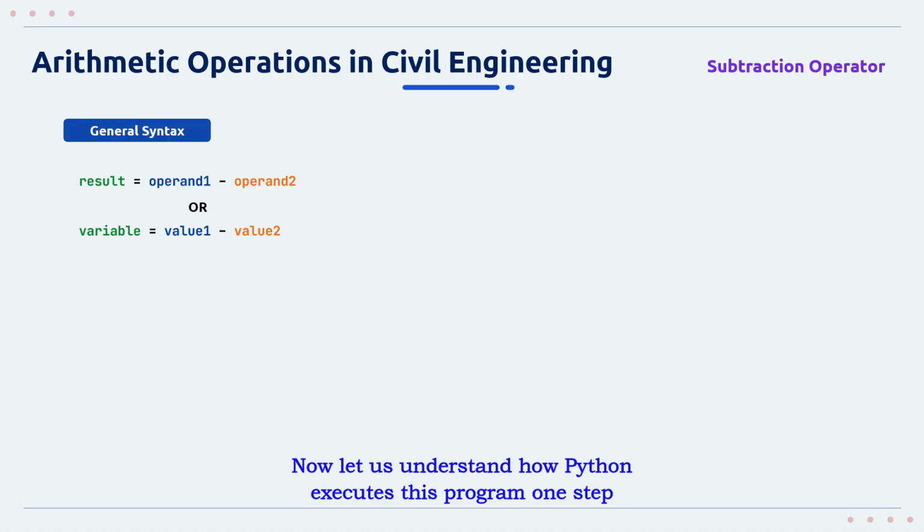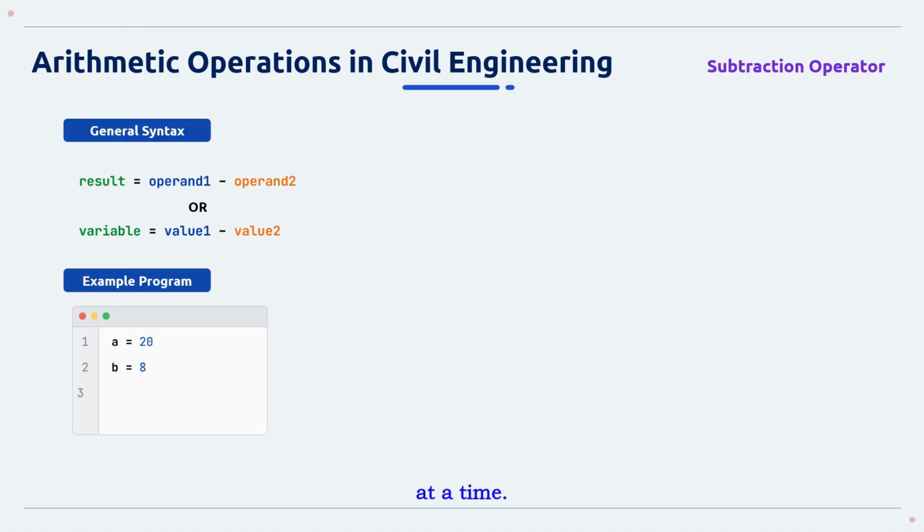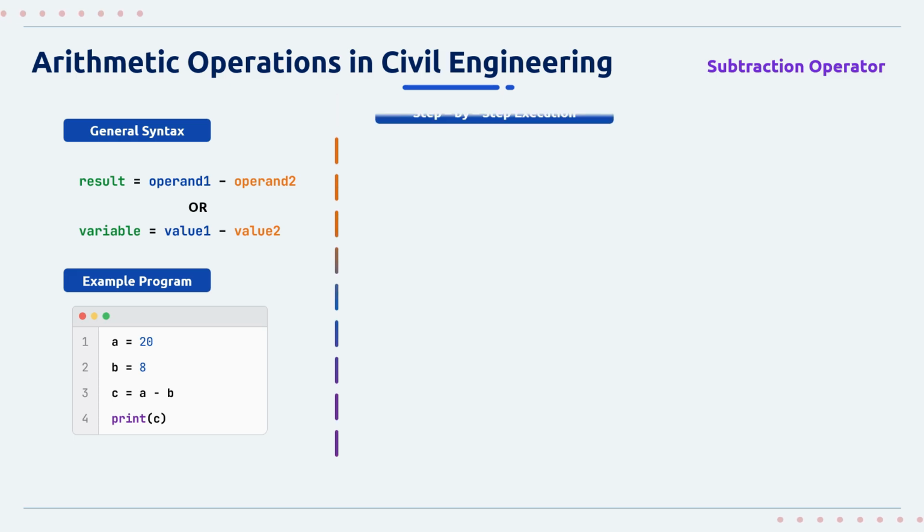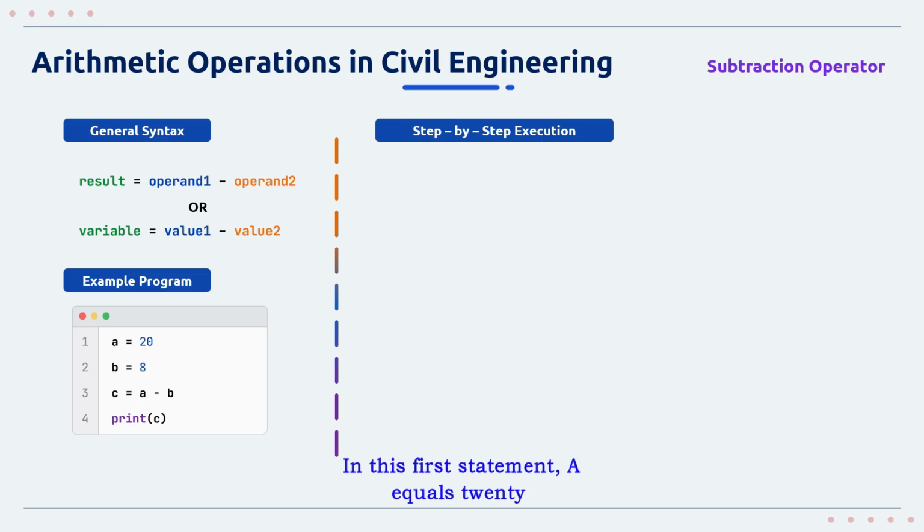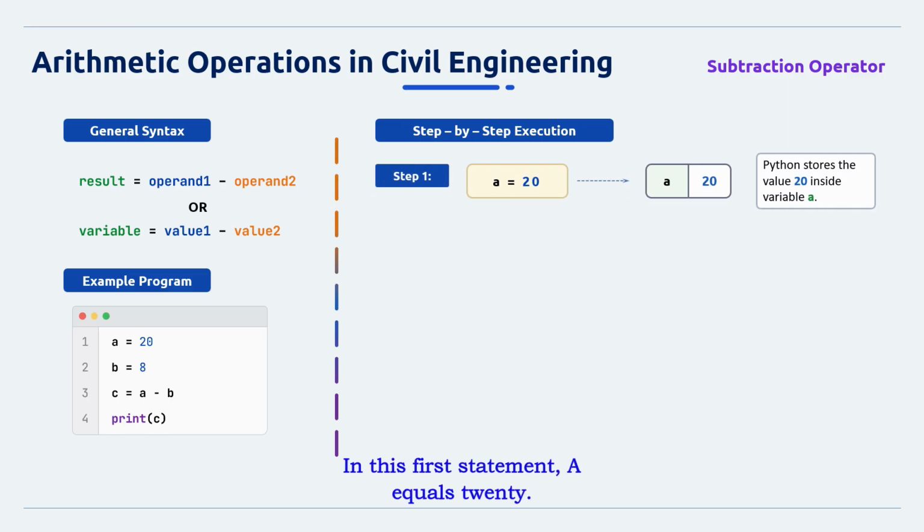Now let us understand how Python executes this program one step at a time. As Python reads each line, it performs the corresponding operation and stores the data in memory. In this first statement, a = 20, Python creates a variable named a. Then it stores the value 20 inside that variable a.